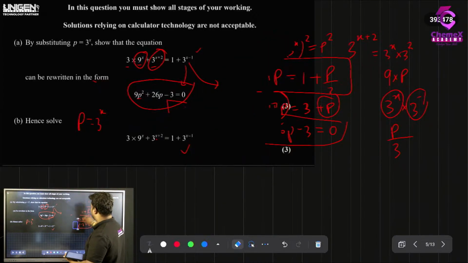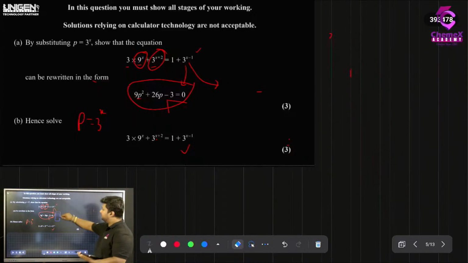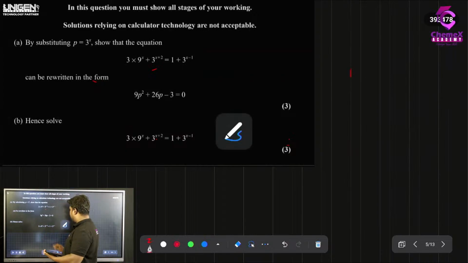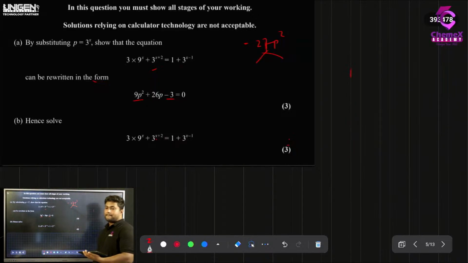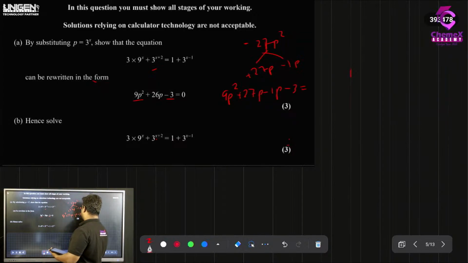How do you find now? Proving part we are done. We are on to B part now. So easy. How? Factors of 3 and minus 27 p squared. What are the factors? 27 and 1. And this is minus and this is plus. So I'm just writing 9p squared plus 27p minus 1p minus 3 equals 0.